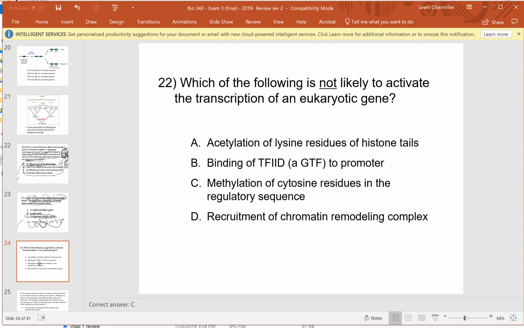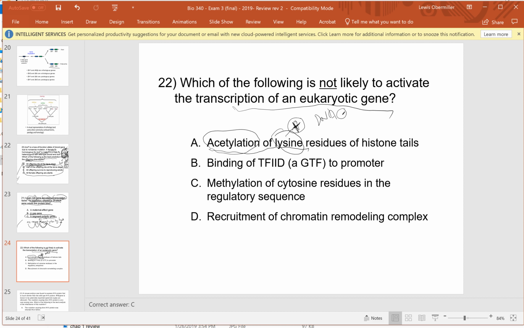Which of the following is not likely to activate the transcription of a eukaryotic gene? Okay, so we haven't covered this yet, but lysine is normally positively charged. So it has a high affinity for DNA, which is, as you know, negatively charged.